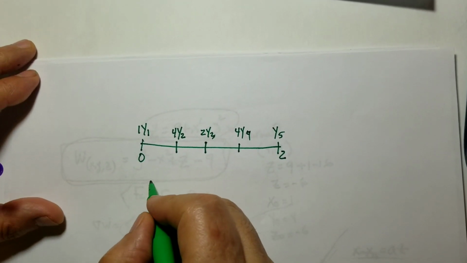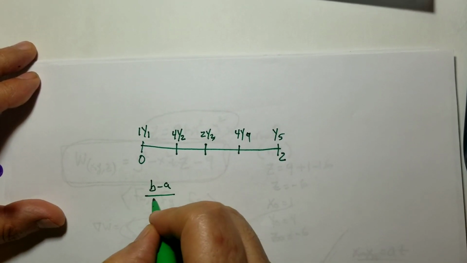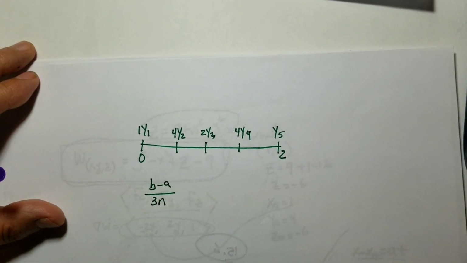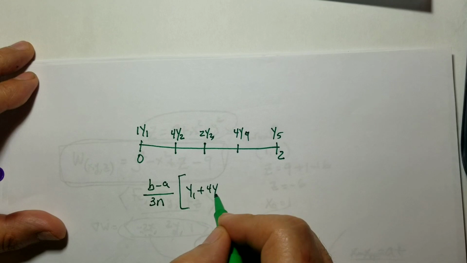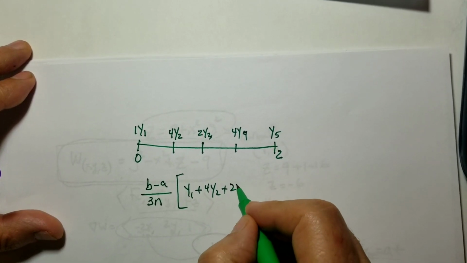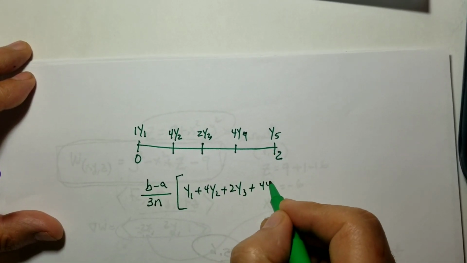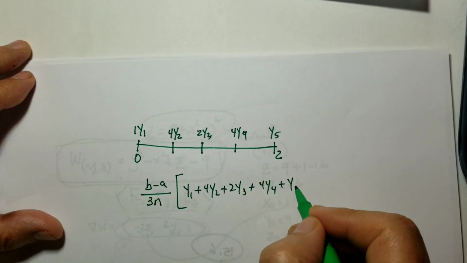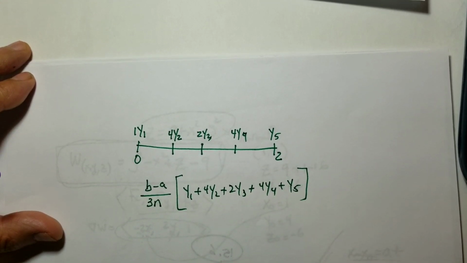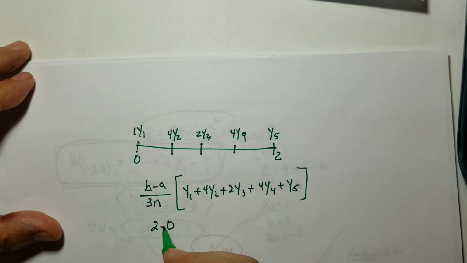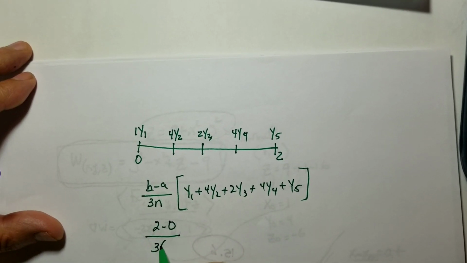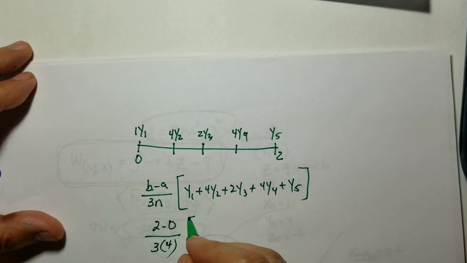And the formula was b minus a over 3n. And it was 1y1 plus 4y2 plus 2y3 plus 4y4 plus 1y5. Okay? Is 2 minus 0 over 3 times 4.